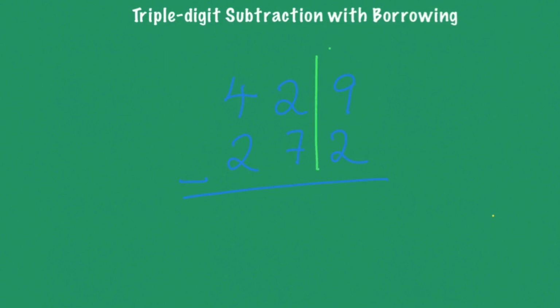So on the very right, you've got the units column, in the middle you've got the tens, and on the very left-hand side you've got the hundreds. So we know that we have to begin with the units, then we move on to the tens, and then we move on to the hundreds.